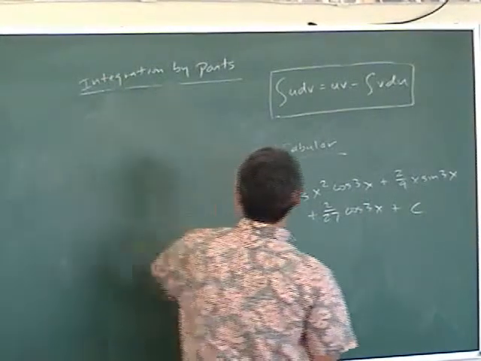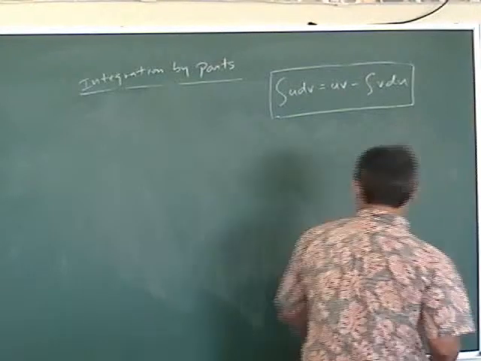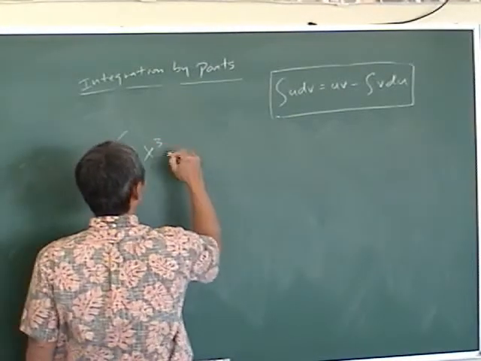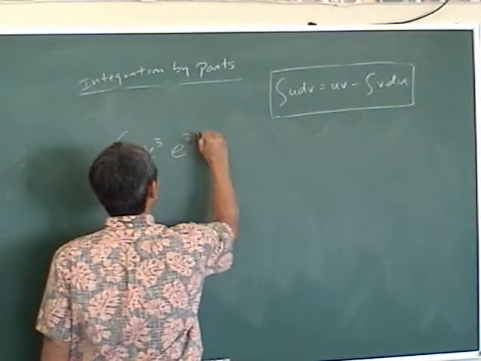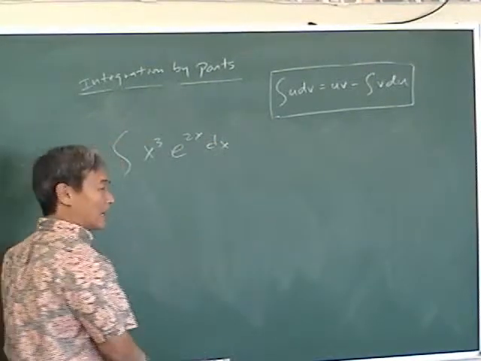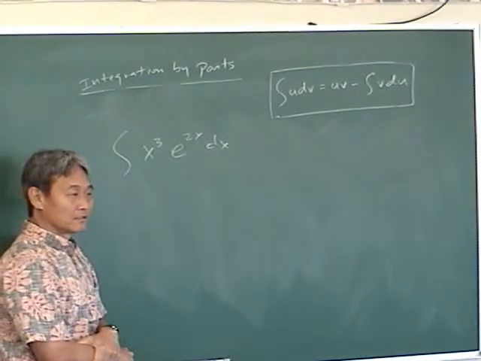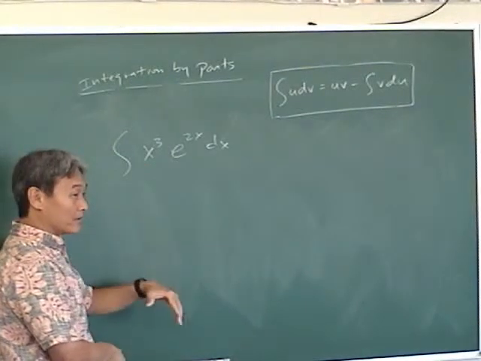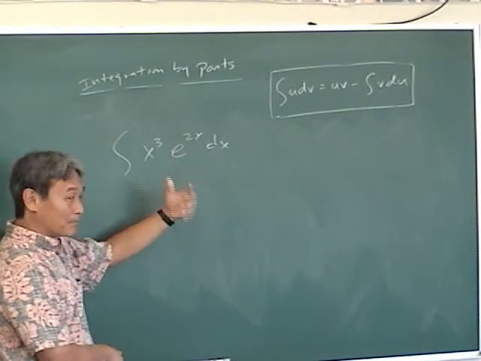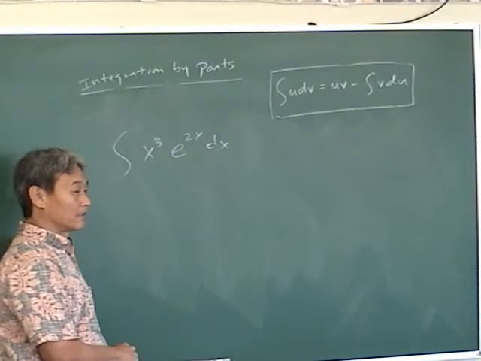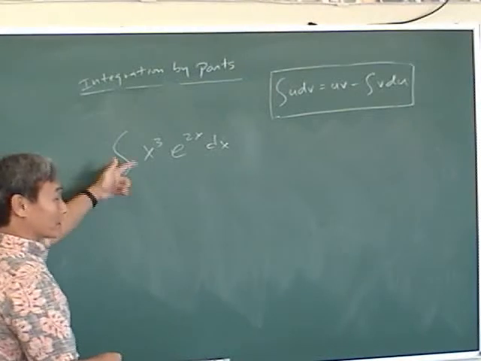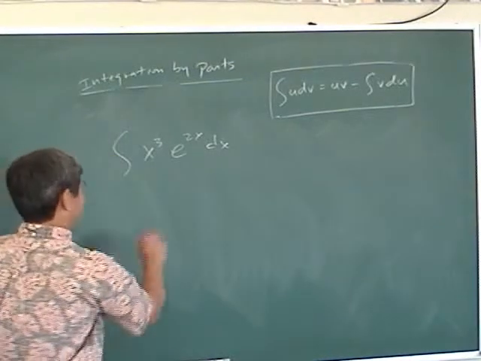Okay? So, what if I give you this? Integral x cubed, like on tonight's homework, e to the 2x dx. Can you do tabular on this one? Yes, because this is a polynomial. You take the derivative down to 0. What about this? Can this be repeatedly integrated? Yeah, so this is a perfect candidate for tabular, unless you want to do integration by parts 3 times. I don't want to.